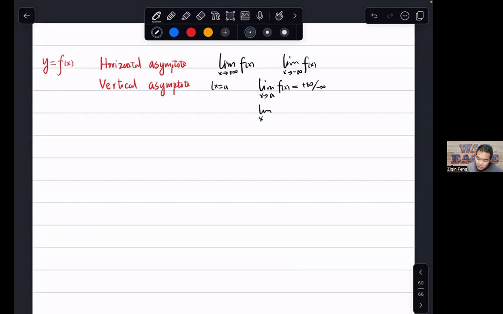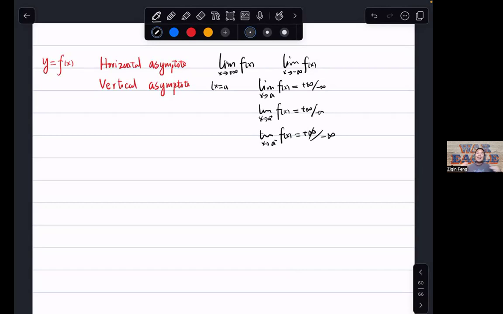Or as x goes to a on the right side, the function is infinity or negative infinity, or as x goes to a on the left side, f of x is positive infinity or negative infinity. You have an infinite limit at a number either from the right, left, or both sides, or one side infinity, the other side negative infinity. Also, you have a vertical asymptote.